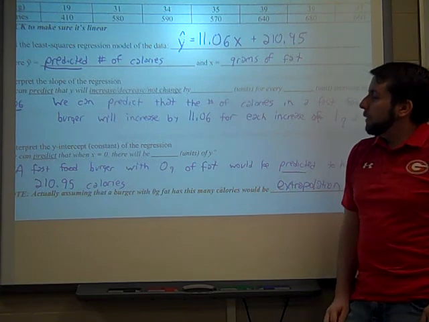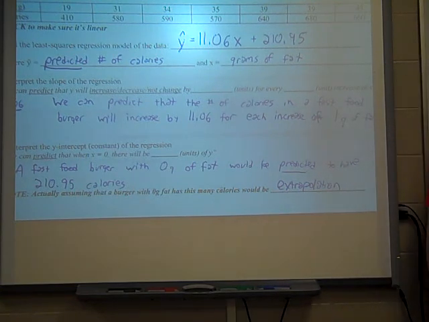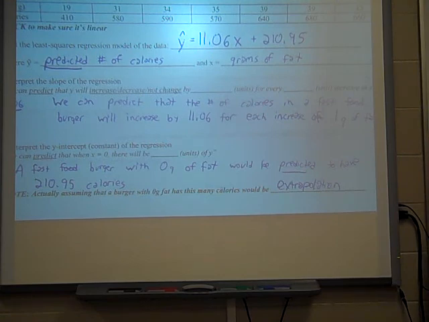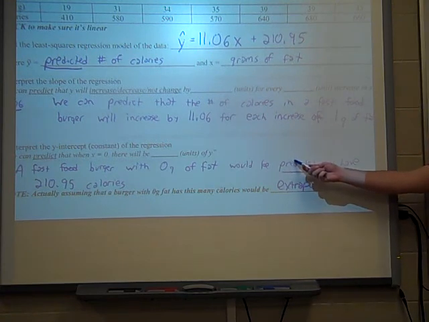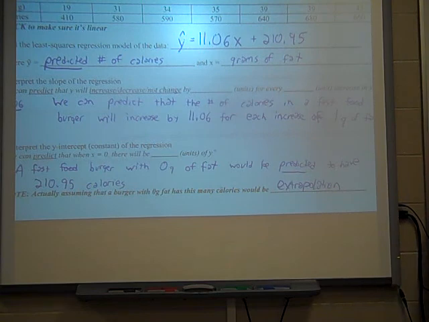So again, we're extrapolating there. This is what the model is saying, but just understand that the model might be lying. Or at least not lying so much as making an uninformed prediction.